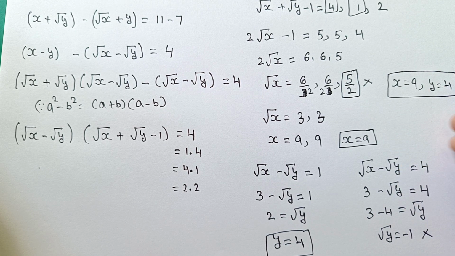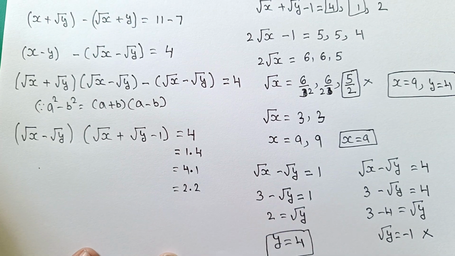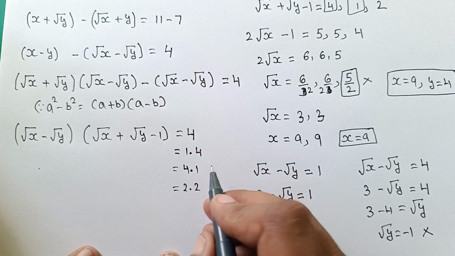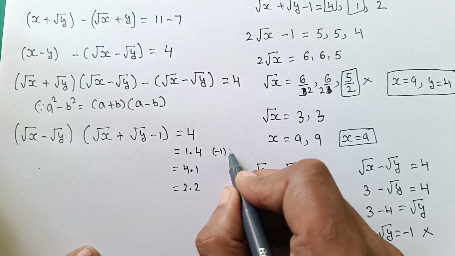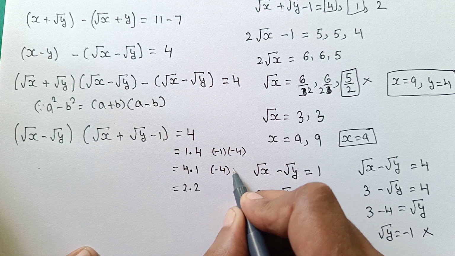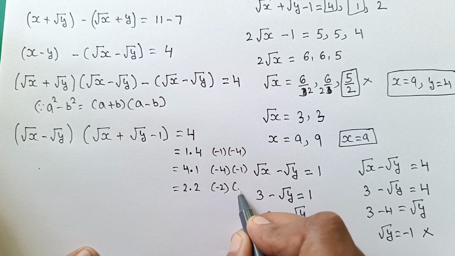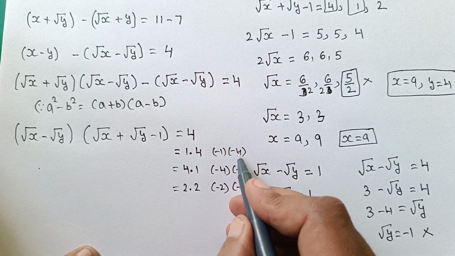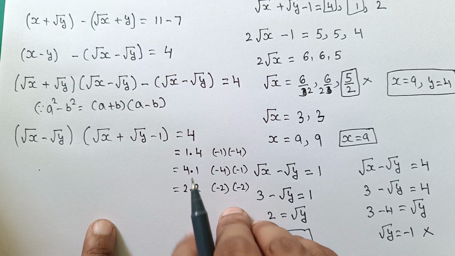So the solution of this equation comes out to be x equal to 9 and y equal to 4. And we have taken here only the products of positive values, but there must be negative ones too, that is minus 1, minus 4, minus 4, minus 1, minus 2 and minus 2. So these cases are remaining. Now we solve this.